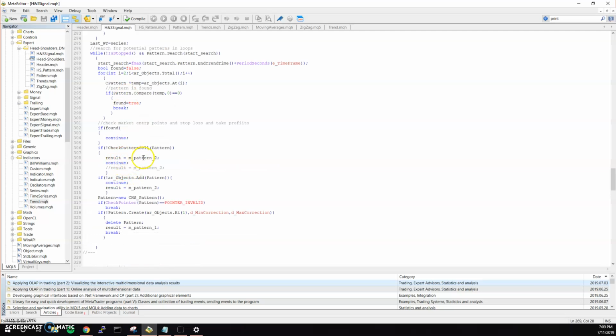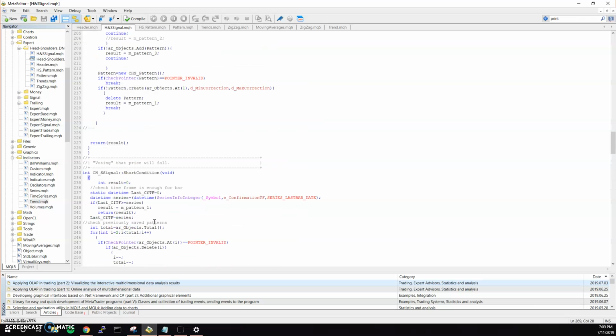And then I set the result to say that we found something, and then we add the pattern. And then if the pattern can't be created, we delete the pattern, and it returns the result of, hey, we shouldn't open this trade.